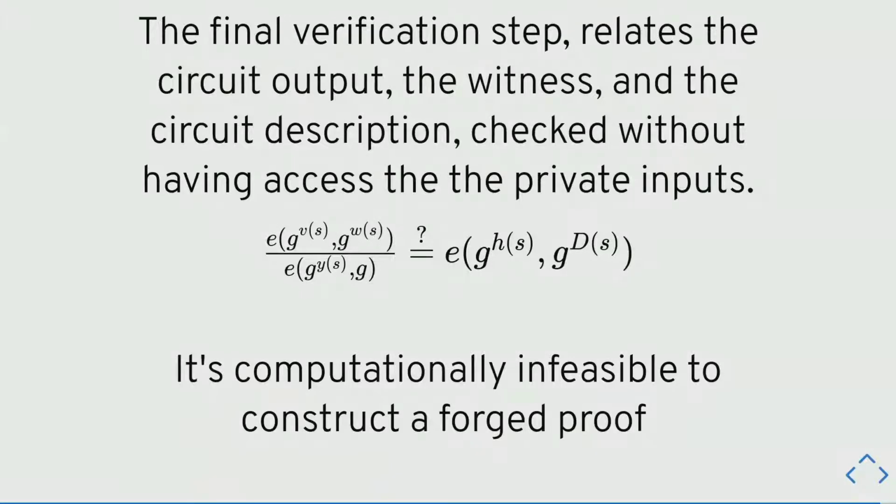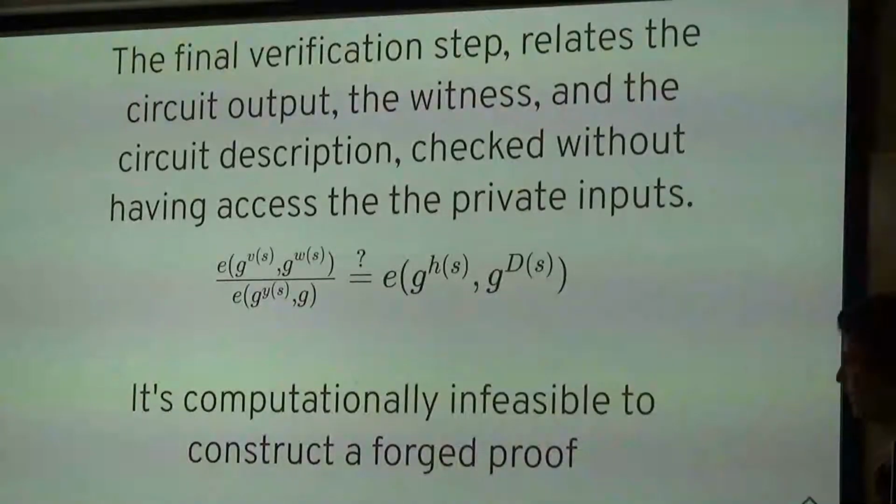So the final verification is more complicated. The final verification step in the real world ends up as this, which is basically the God equation. If this is true, then you know that someone has executed the program correctly.